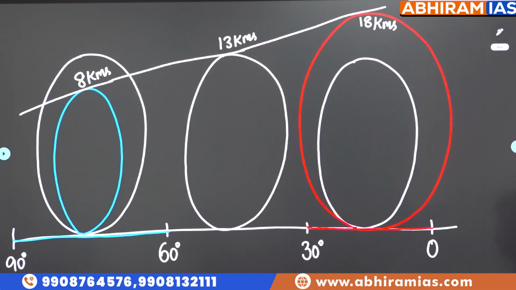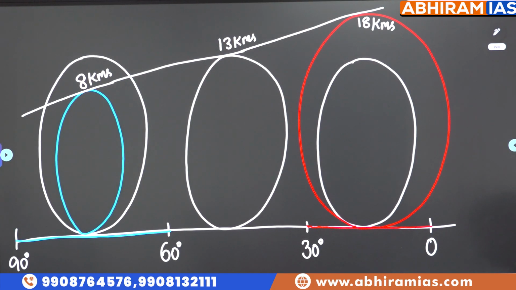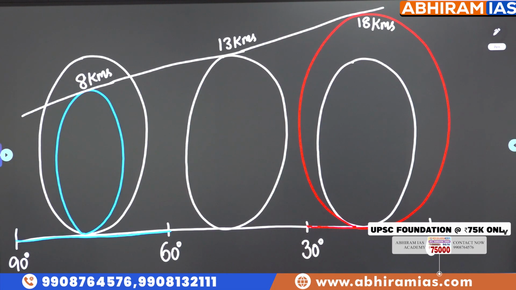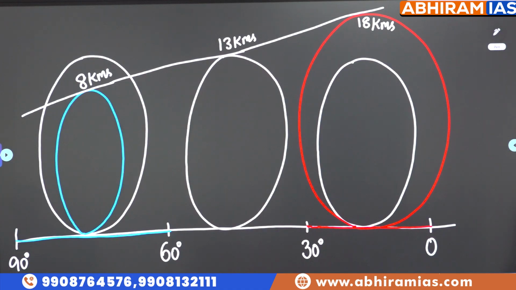Near poles, it will be 8 kilometers. And near equator, it will be 18 kilometers. Next, last one. The height of the troposphere changes with seasons. Draw this question.